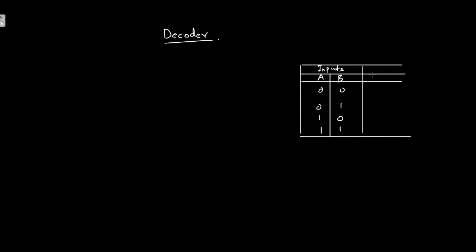So in this case, if we draw a block diagram, this is a decoder with two inputs and 4 outputs.